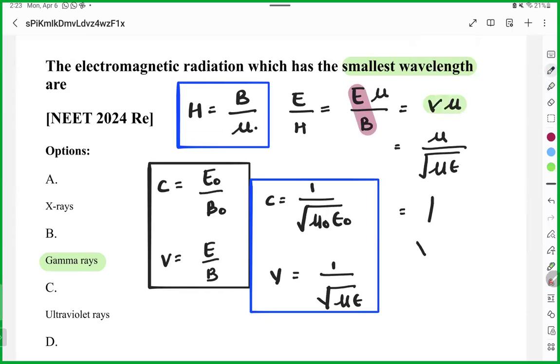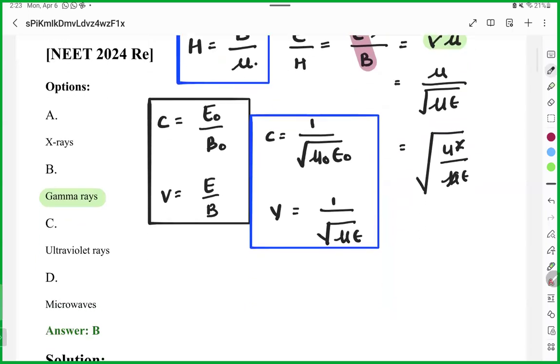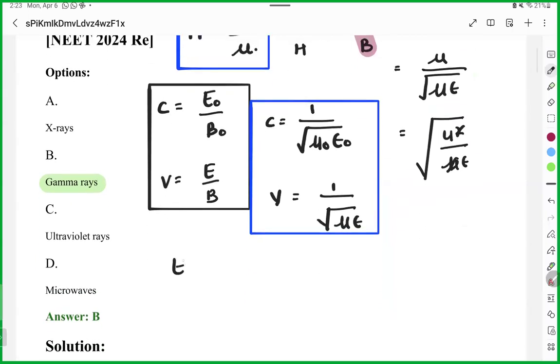If you take nu under root, it will be nu square by nu epsilon. One nu cancels. So finally, E by H is equal to root nu by epsilon. Any doubt, Nirjala?